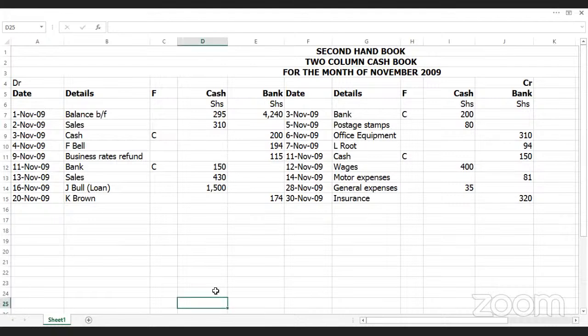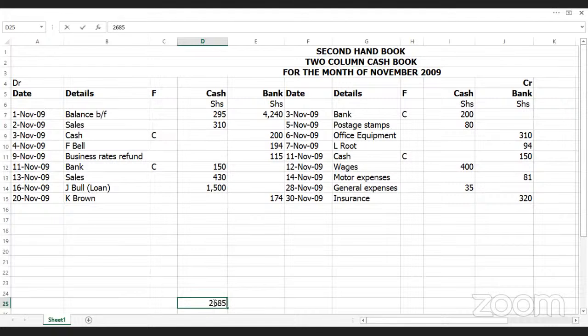Emma, what was our total on the debit for cash? Someone read for me the values again. Debit for cash was 2,685.